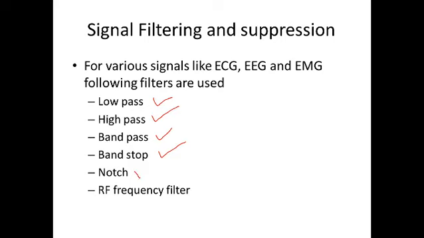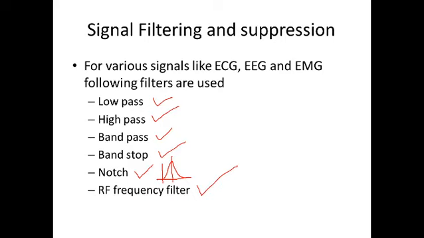Then the notch filter. Notch filter works at a particular frequency. The frequency response of the notch filter is like this. At a particular frequency, it will provide a very large attenuation. So that is the notch filter. And the last type of filter is the RF filter, which is specifically used for eliminating radio frequencies.